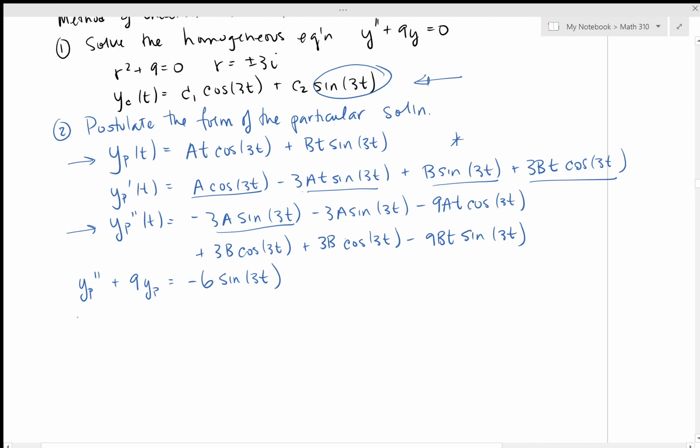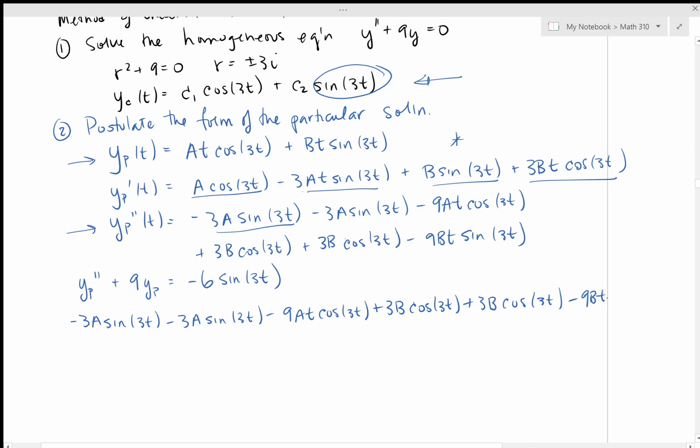I get minus 3A sine 3t minus 3A sine 3t minus 9At cosine 3t plus 3B cosine 3t plus 3B cosine 3t minus 9Bt sine 3t plus 9At cosine 3t plus 9Bt sine 3t, and that whole mess has got to be equal to minus 6 sine 3t.